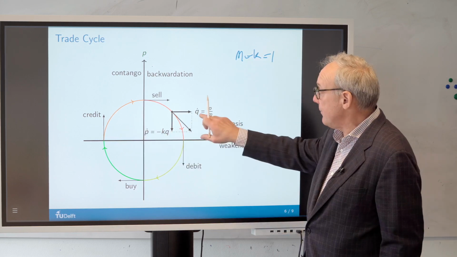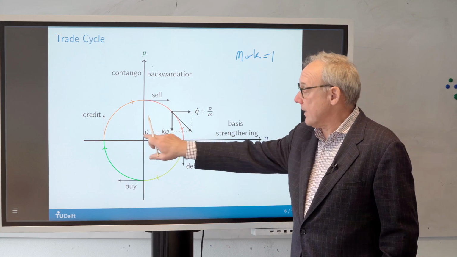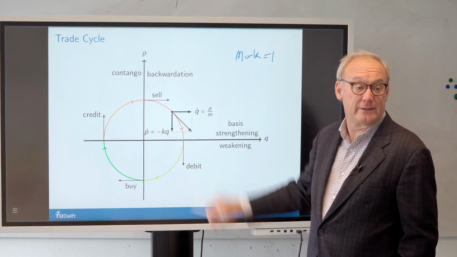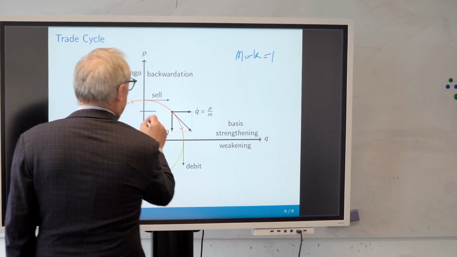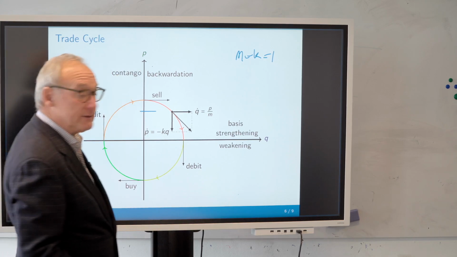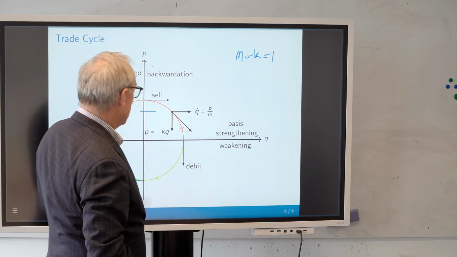So this is the inflow, which is equal to the quantity demanded, and this is the price movement, which is the negative of the convenience yield, right? So P naught is just a vector along the price axis, and the negative just brings it down, right? The inflow is along this axis, this will be the outflow.